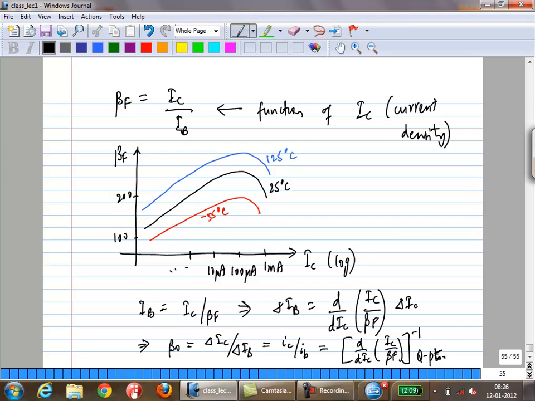So you can define beta naught as d by dIC of IC over beta F, the whole inverse, at the quiescent point. So in general, beta naught is not the same as beta F. Even though both of them may be 100 or 150 or something, they are not equal in general. They'll be equal if beta F is constant as a function of IC.